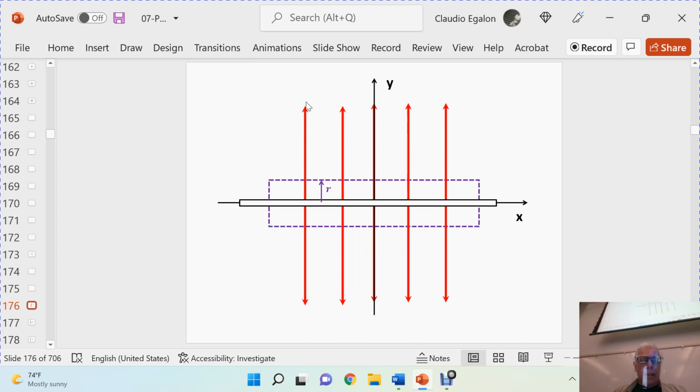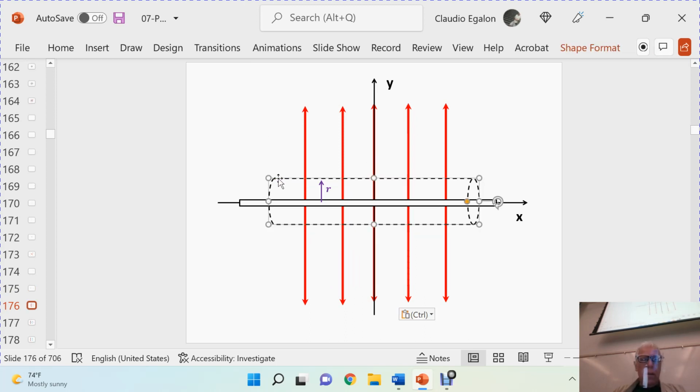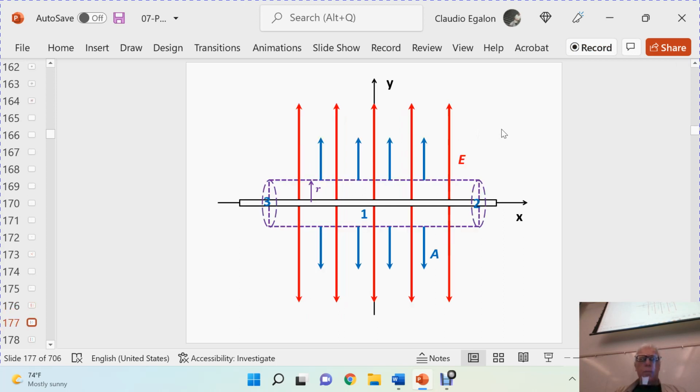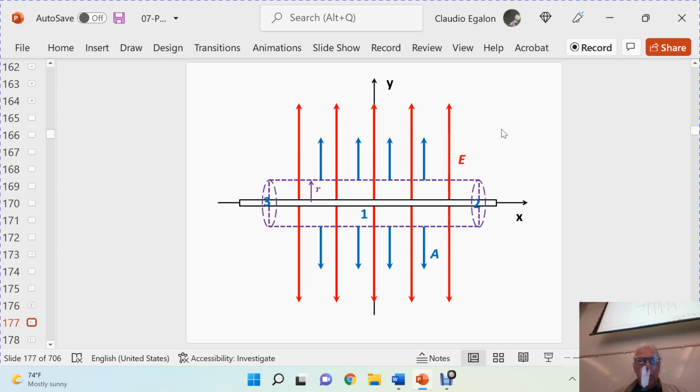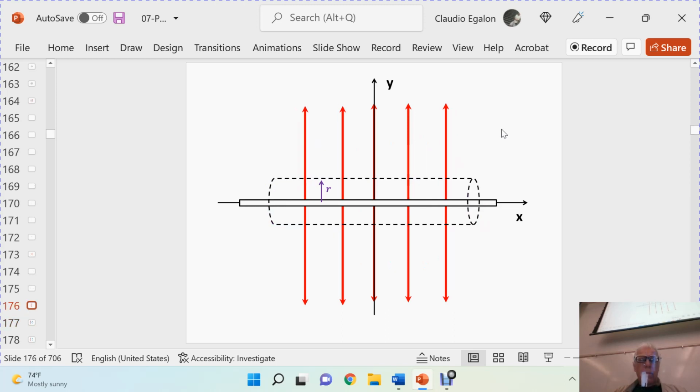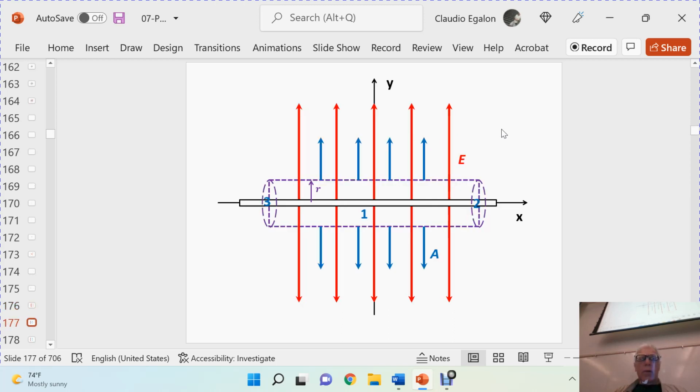Let me get this other one here. And now I'm going to start solving this problem. I drew a different cylinder here, and here the electric field lines.